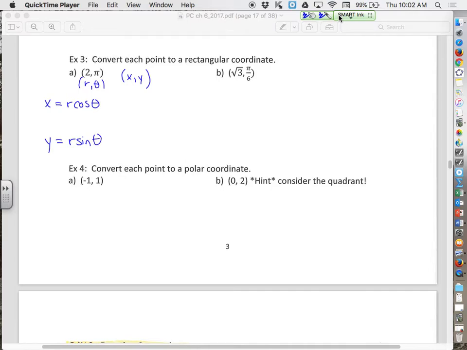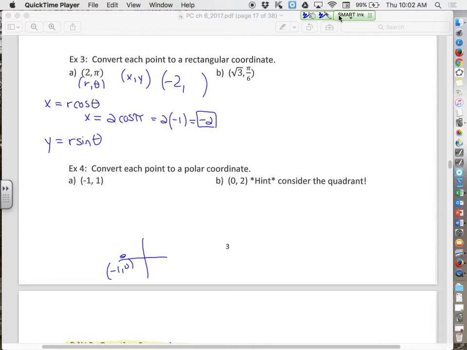And I plug in what I know. So for the first one here, x equals my r, which is 2, and my angle, which is pi. The cosine at pi, cosine is the x coordinate, which is -1. -2 for that x coordinate.